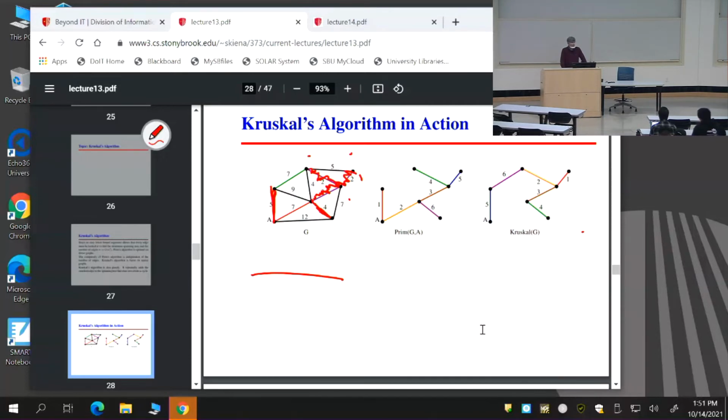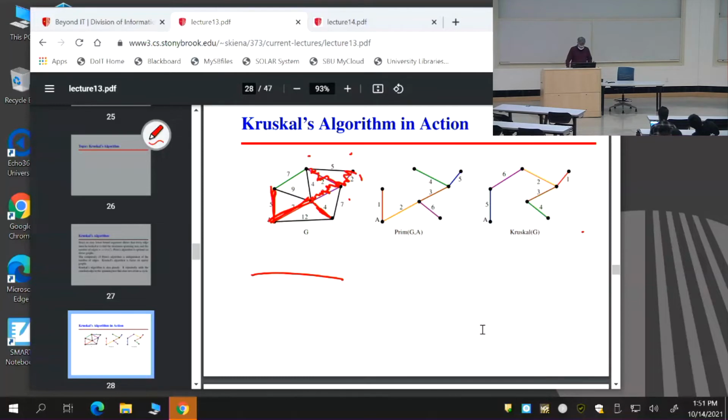Who likes red better? Everybody seems to like red better, so let's add that one. Does everybody see that we could have added the other 7 and the whole graph would still be connected? So on ties we get choices, right? That's why there can be many different minimum spanning trees.